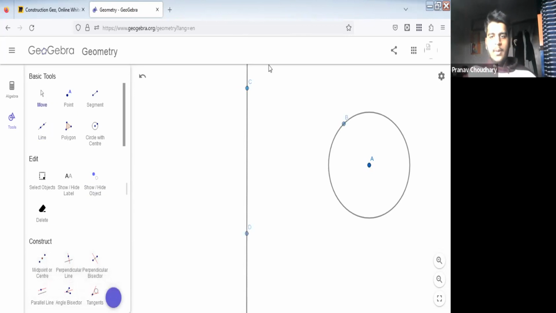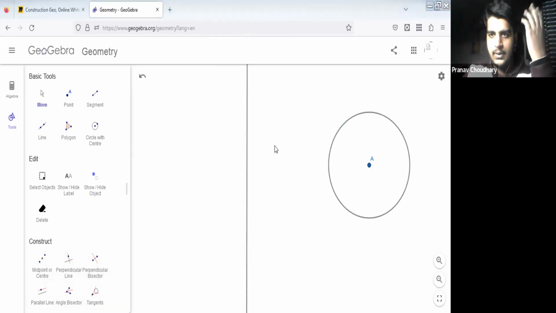Take 3 minutes to think about this. How will you construct a bisected segment on this?